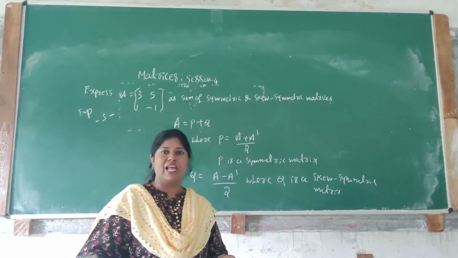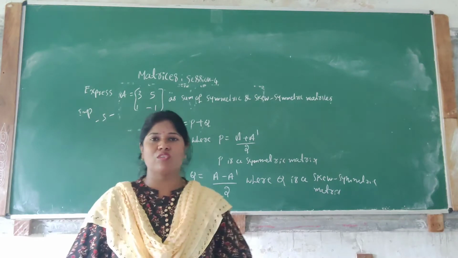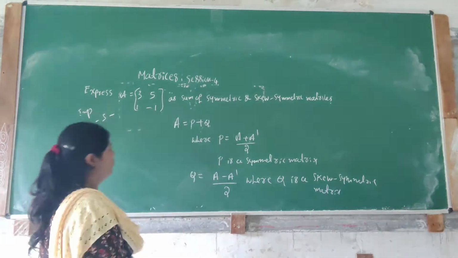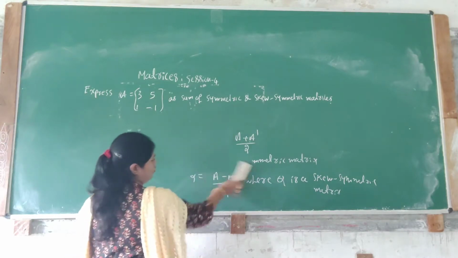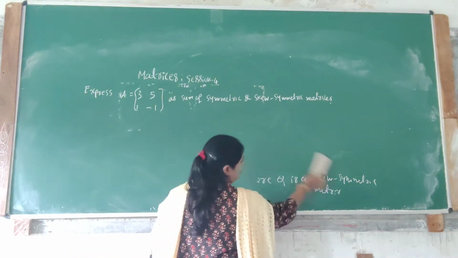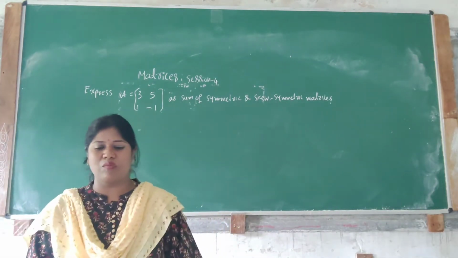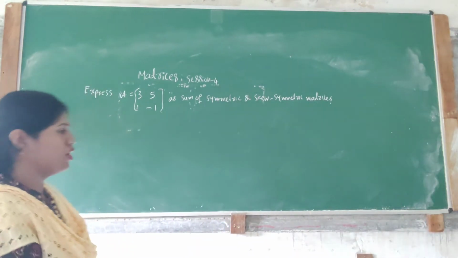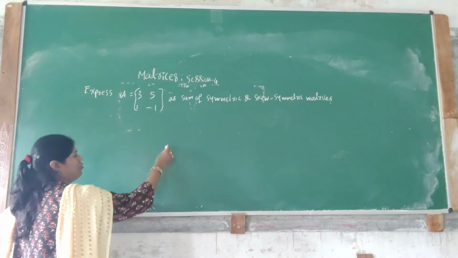Symmetric matrix means A dash is equal to A. Skew symmetric matrix is A dash equal to minus A. This is the formula. Students need to practice similar examples.